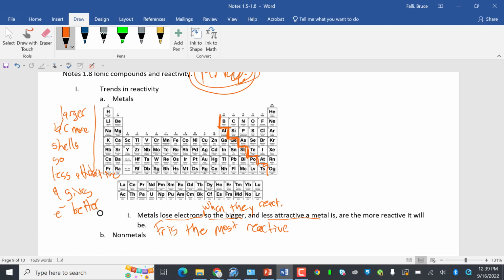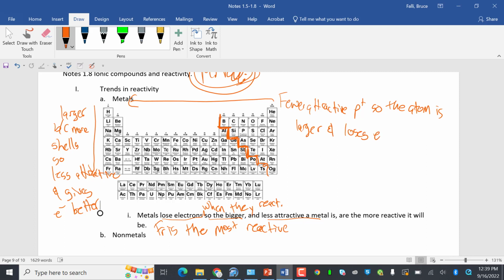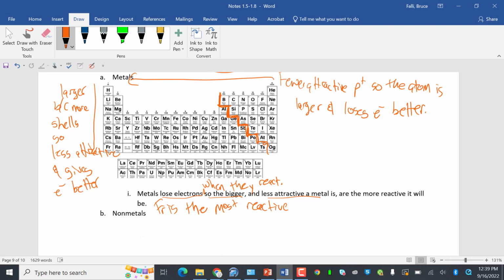As I go this way, there are fewer attractive protons, so the atom is larger, not smaller, larger, and loses electrons better. Remember, metals react by losing electrons. We want to lose electrons better.